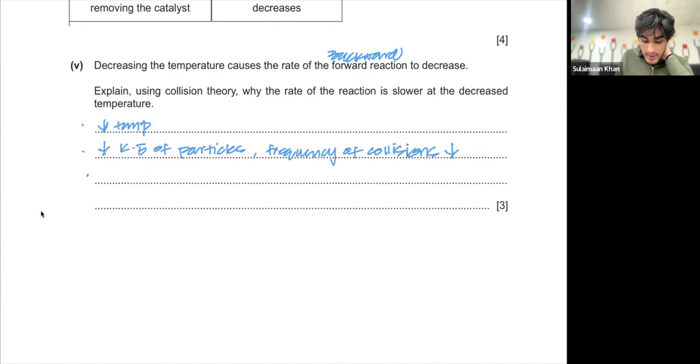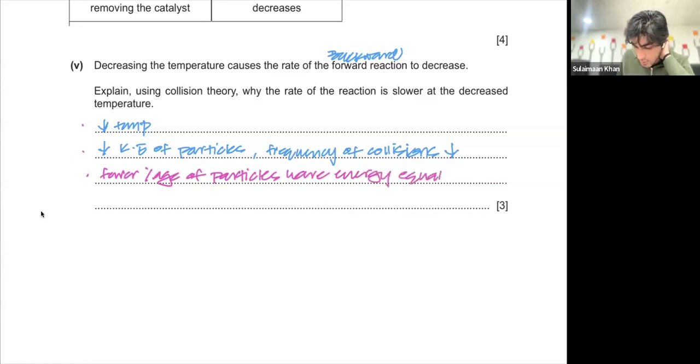Now, fewer particles have energy, or a smaller percentage of particles have energy, equal to or greater than the Ea. You have to write this, it's one mark, man.